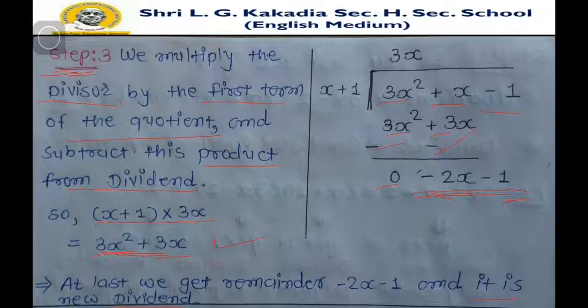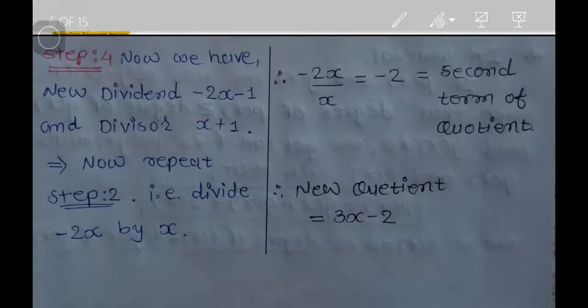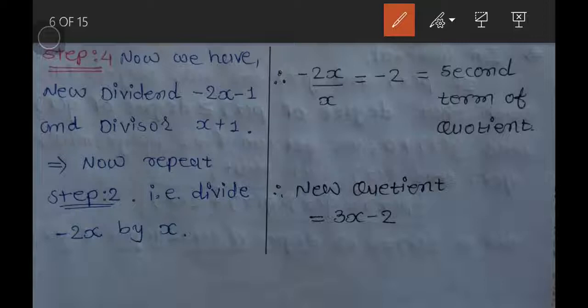So we go to our step number 4. Here in step number 4, we now have a new dividend, minus 2x minus 1, and our divisor as it is, x plus 1. Now we repeat step number 2. What is step number 2? That we divide the first term of our dividend by the first term of our divisor.